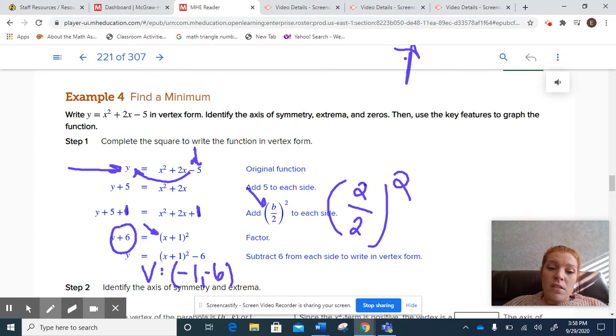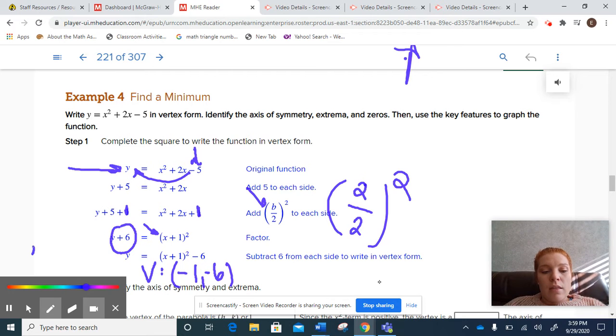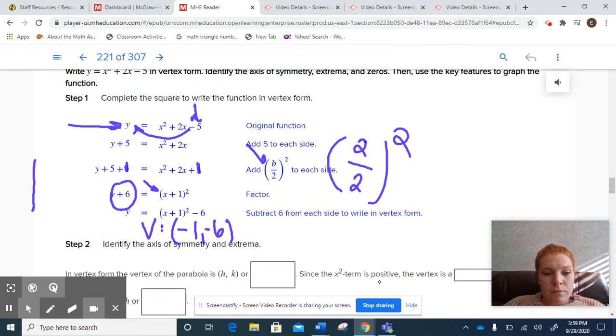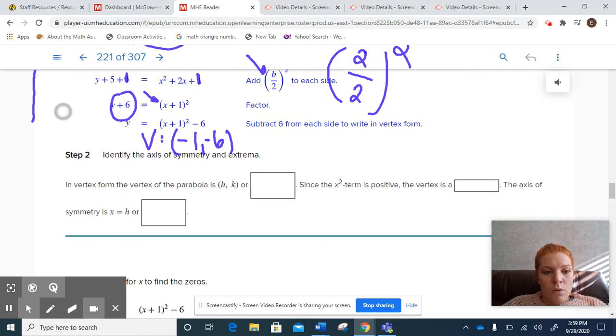It's always opposite of what's in the parentheses, and then it's the normal one of the number that's in the back, the k value. Okay, so in this case, oh, we jumped ahead a little bit. So h, k is -1, -6.